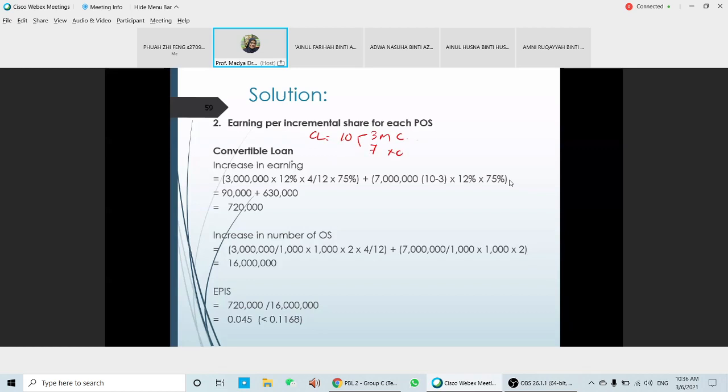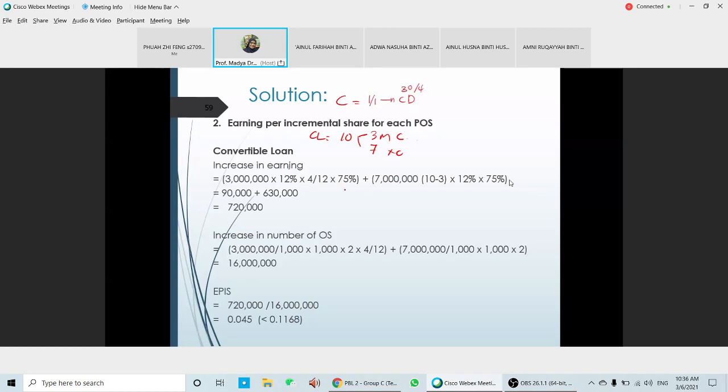Okay, increase in earnings here. So the portion converted here is from the beginning of the year. This one is to calculate for the dates here, beginning of the year until conversion date. So the conversion date for the convertible loan here is on 30 of April.